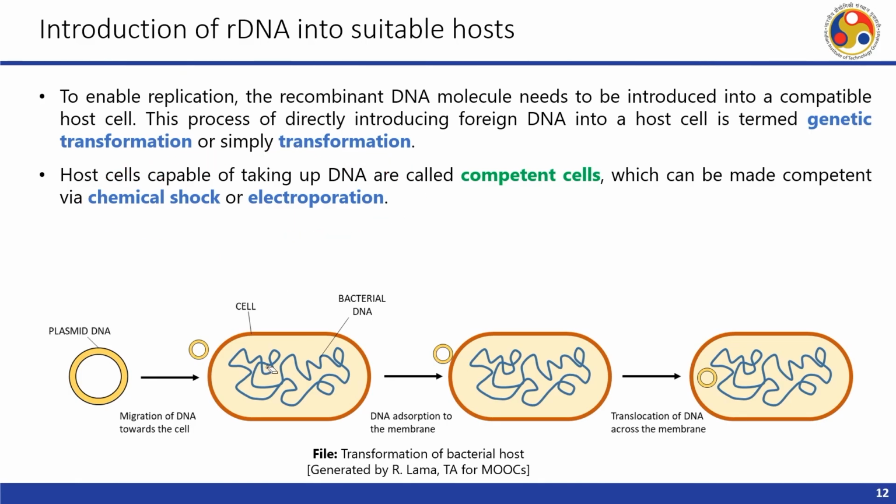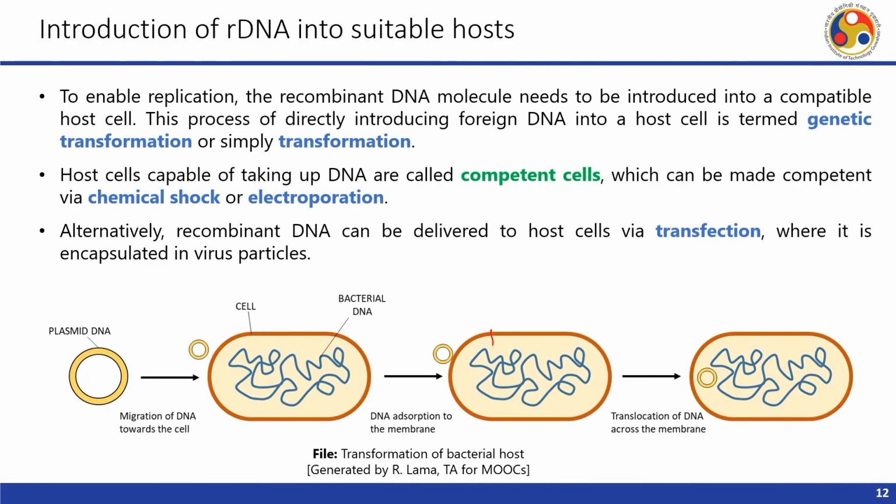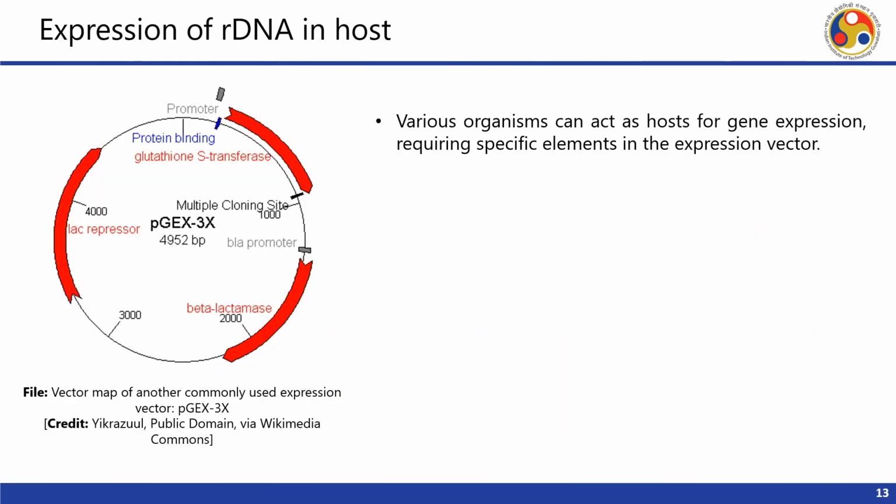When we give a very high voltage for a short time, or a very low voltage for a little bit extended time, because of the fluidity of the cell membrane, there will be creation of pores in the membrane, and these plasmids can enter through these small pores into these competent host cells. Alternatively, recombinant DNA can be delivered to host cells via transfection, where it is encapsulated in virus particles.